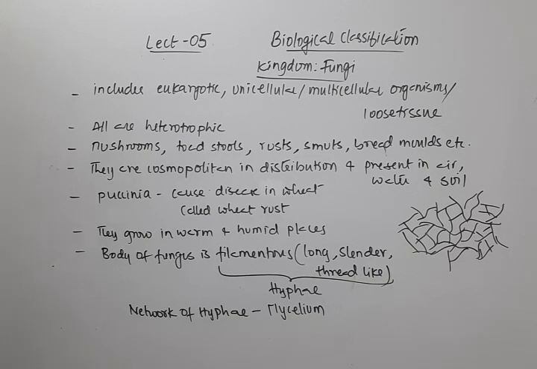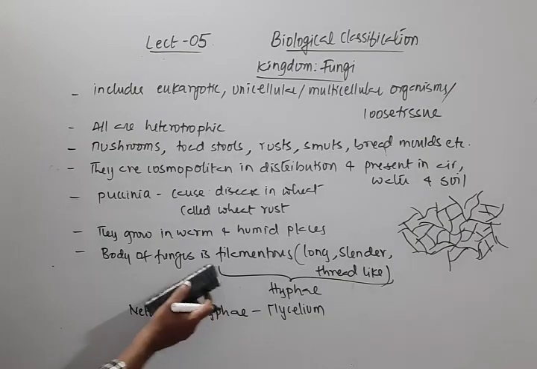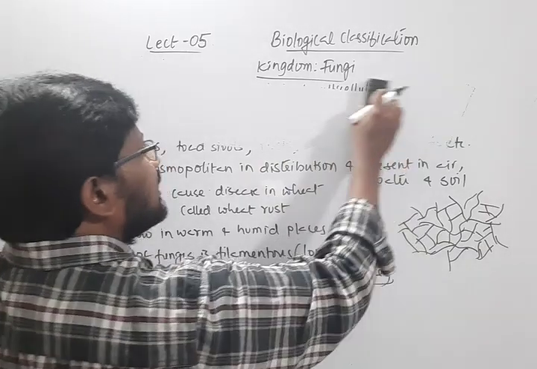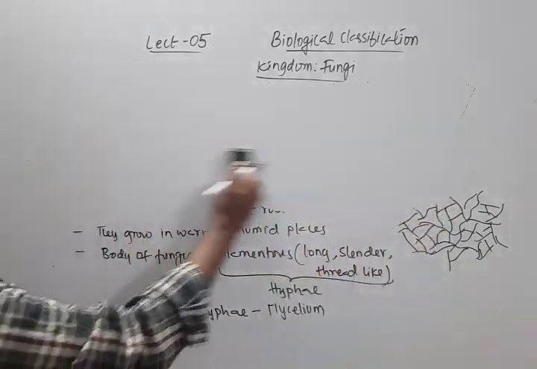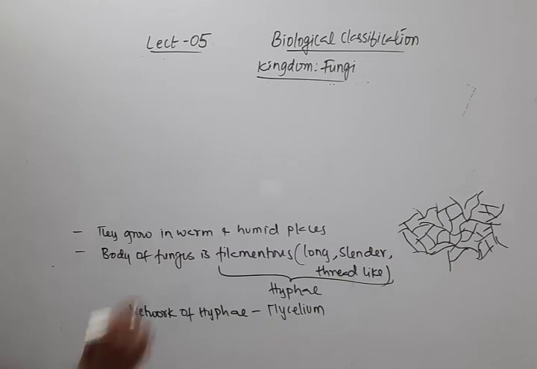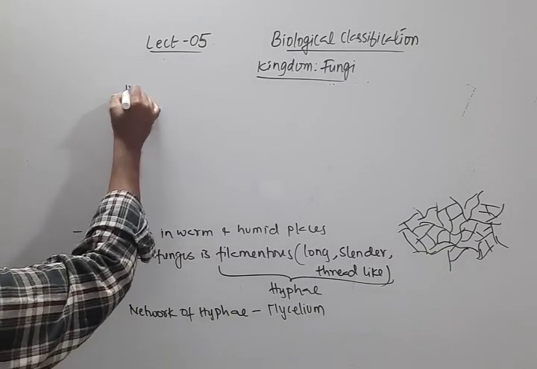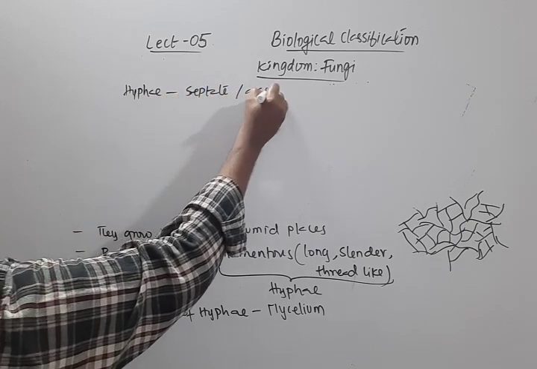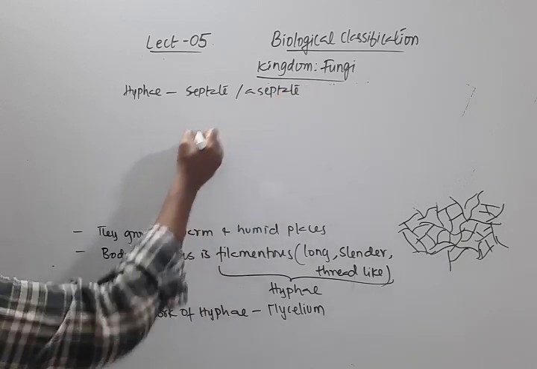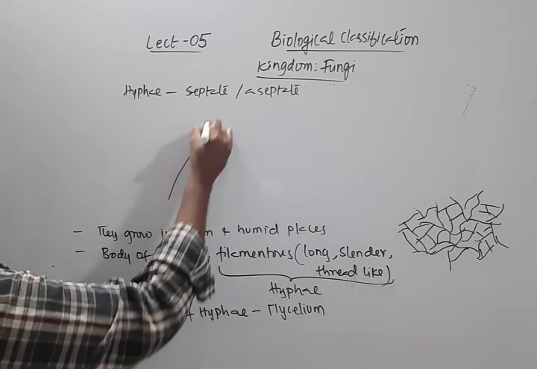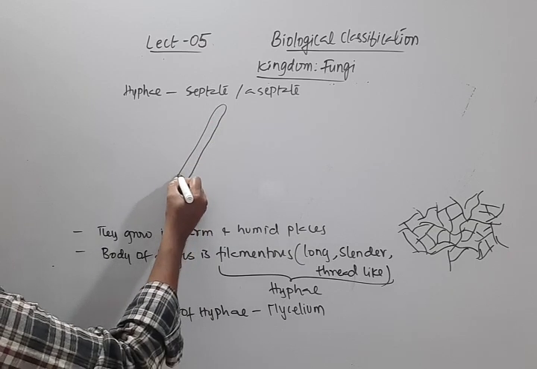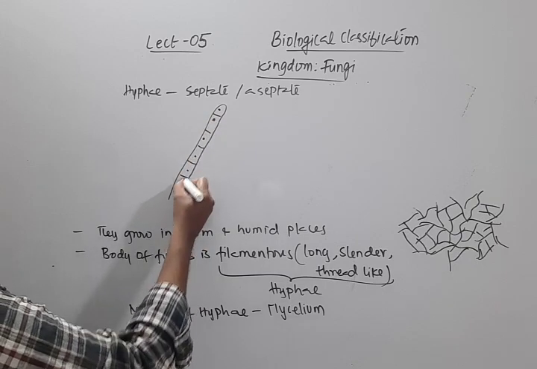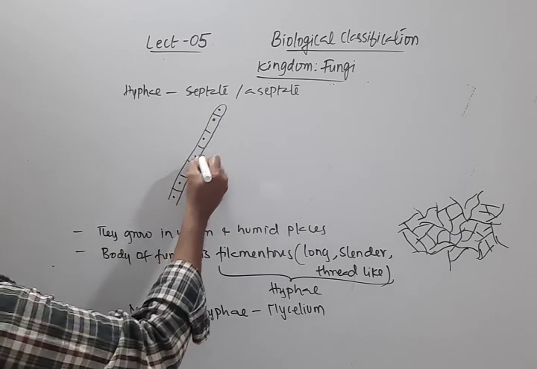And these filaments, the long, slender, thread like structures, may be septate or aseptate. So if you see something like this, and here there are transverse partitions, then the condition is called septate.